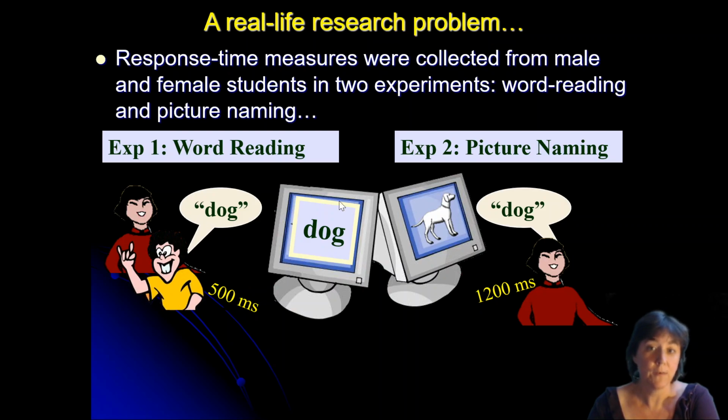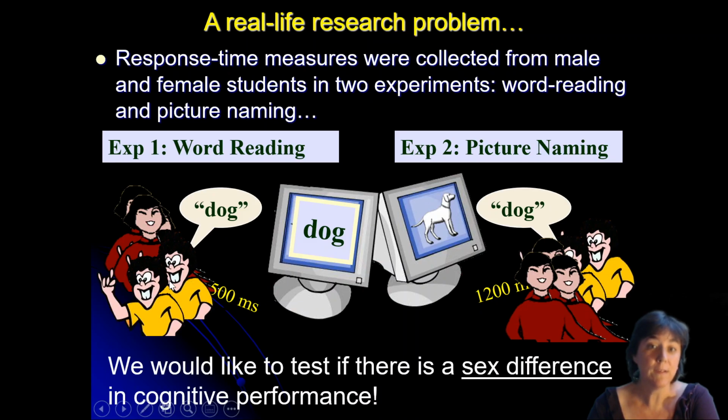We have a computer screen, and in the speeded experiment, many research subjects respond in word reading with the word dog, and in picture naming, the same with the word dog. But here they read the stimuli, here they see a picture of a dog, and hopefully they recognize the dog.